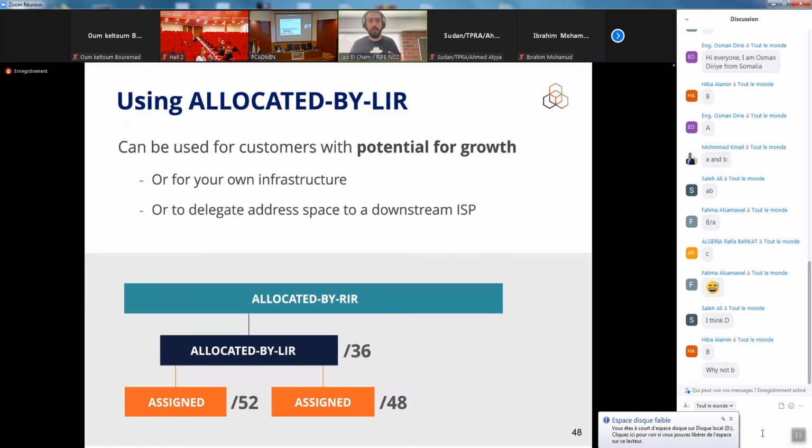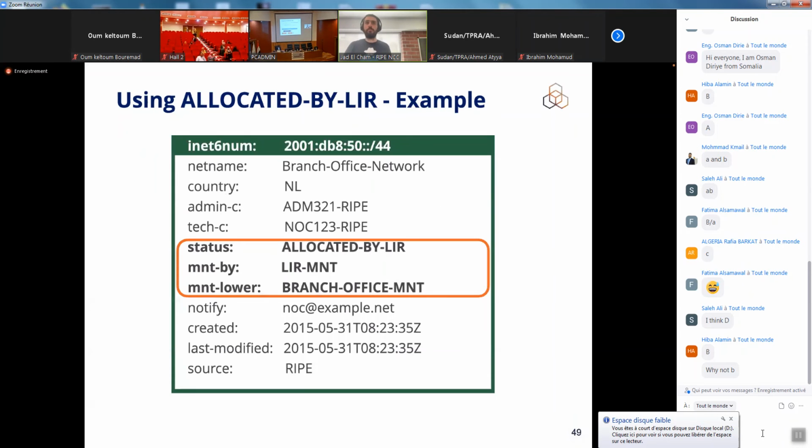Okay? And from this sub-allocation, which is the blue box here in the middle, it's an allocated by LIR, you can do assignments. So a downstream ISP can do assignments, the big customer can do assignments, or you can do assignments as well. How do you represent this in the RIPE database? It's the same. It's an INET6NUM. You have a certain status.